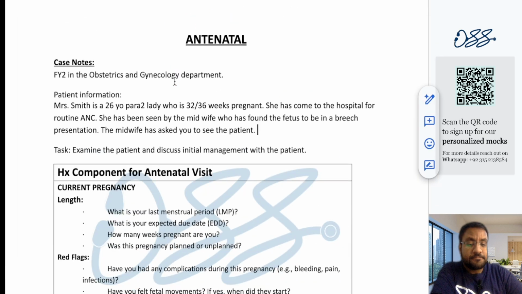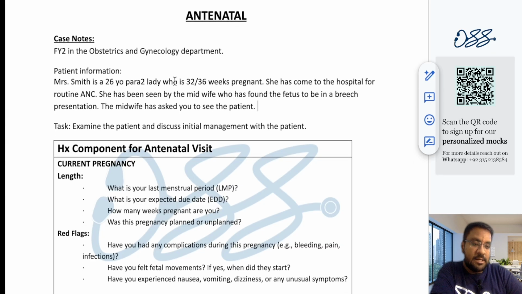Okay. So before I teach you what the actual antenatal structure is and what to do in it, let me just give you 2 to 3 different variants and 2 to 3 different cases in which you would have to apply this antenatal structure.